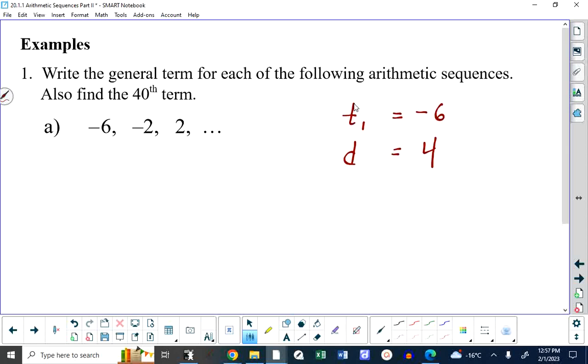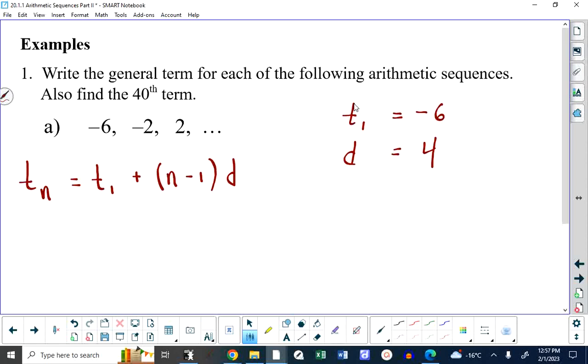Okay, so these are parameters. What's the formula we could use to find any term? Well, we take our formula off of the formula sheet, and we load into it the parameters that define this sequence.